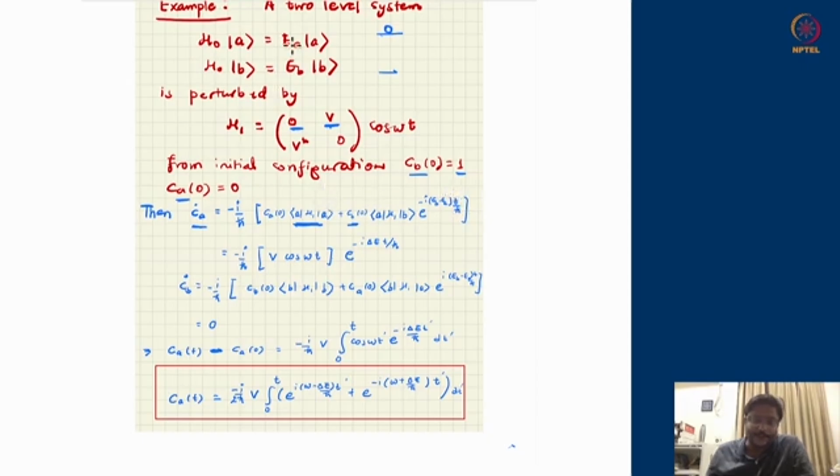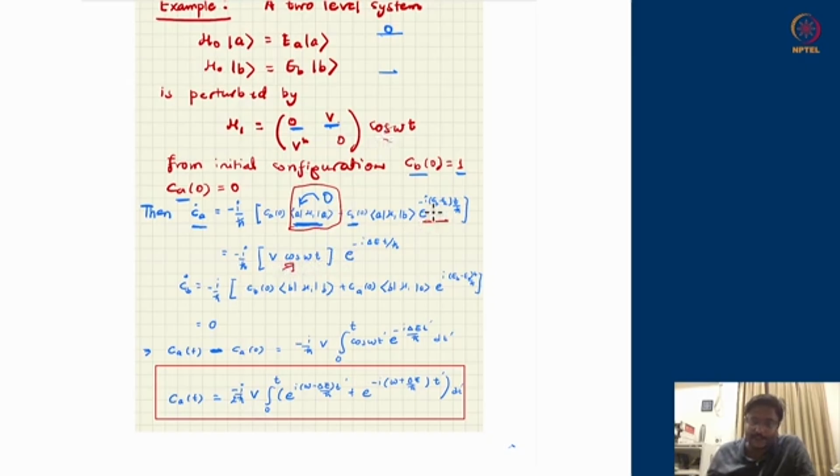Since the Hamiltonian is completely off-diagonal, its diagonal entries are 0, so the first term will vanish. So all I am left with is the second term on the right-hand side. The second term is V cos omega t, so that V cos omega t appears over here.